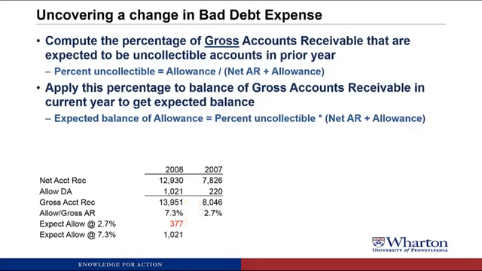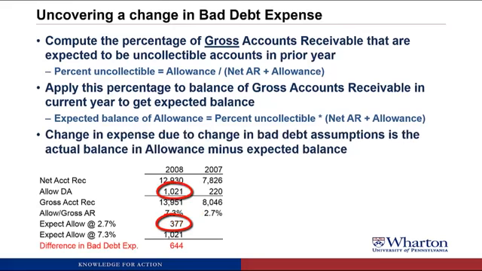As a final step, we want to compare this $377 to the actual allowance that they recorded, which was $1,021. And what we can find is that TK increased their bad debt expense by $644 due to their increase in their estimated percent of uncollectibles from 2.7 to 7.3% during 2008.